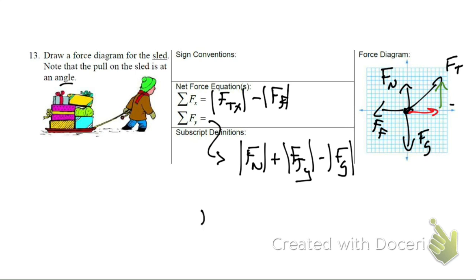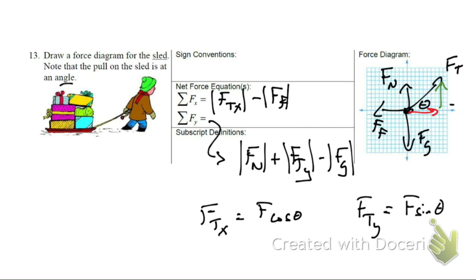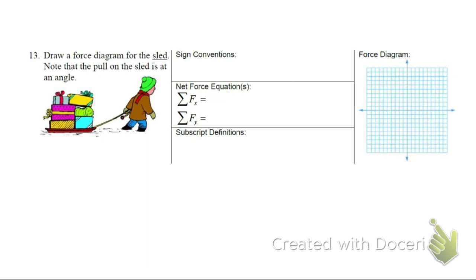Now, we also know that the force of tension in the x is equal to F cos theta. And that's the theta sitting right in here, and then the force of tension in the y, of course, is F sine theta. We'll talk more about that later. If you missed that lesson, we will do something with that at a later time.